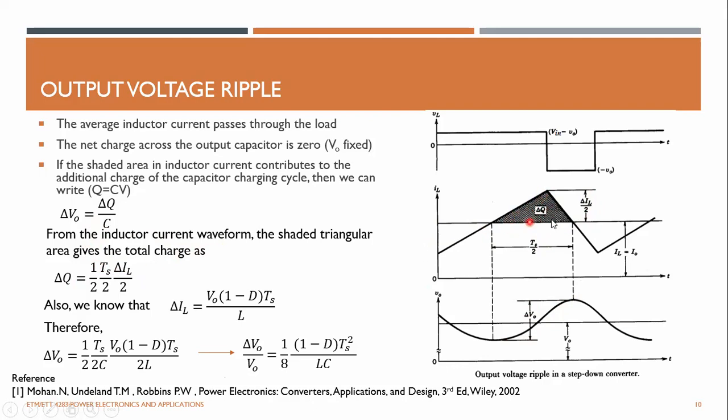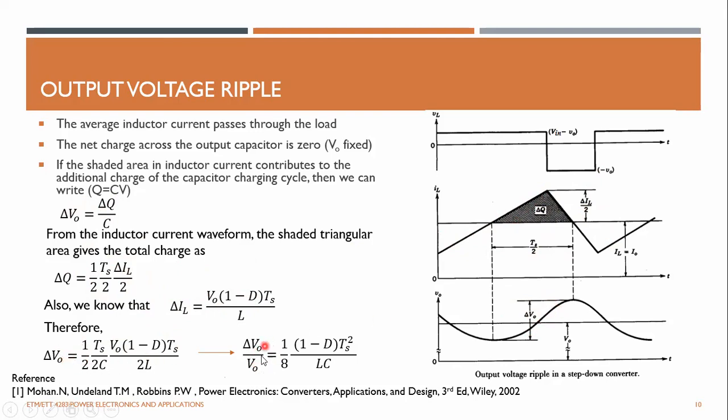Triangle area is half base times height. This base length is Ts divided by 2, and this height is delta IL divided by 2. We know this change of the current IL from here to here from the previous equation. Therefore, we can calculate the capacitor voltage change by substituting this charge of the inductor into the capacitor.